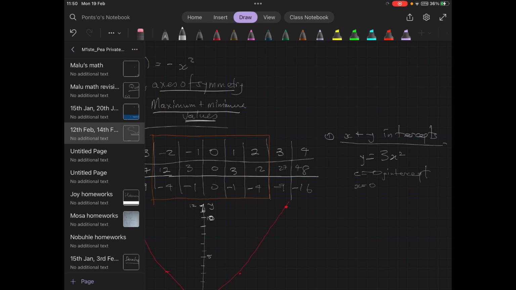So for f of x equals 3x squared, do we have a y-intercept that is not a value of 0? Where do we have a y-intercept that is not equal to 0?